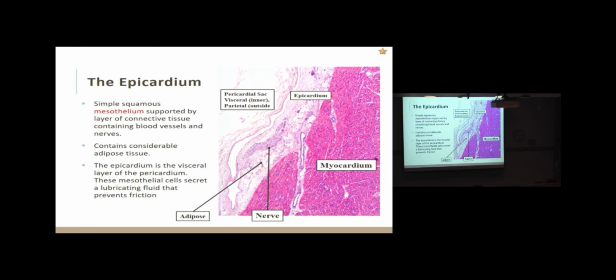Here you can see a blood vessel leaving the epicardium and moving into the myocardium. So to me, it always has a little looser appearance. It always has a lot of fat. And you're always going to see nerves there and blood vessels.